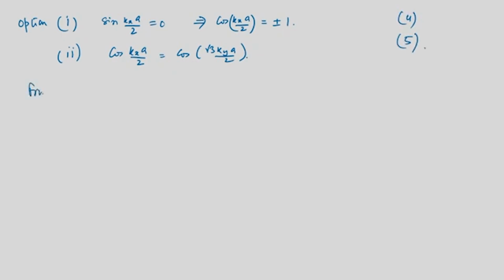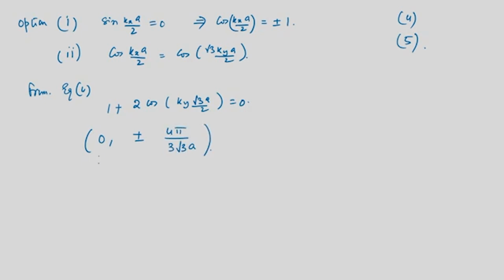So, let us write these as equation number 4 and equation number 5. From equation 4, we get a condition that 1 plus 2 cosine(k_y root 3 a) is equal to 0. Option 1 gives this, and this gives the position of the points, which are 0, plus minus 4 pi by 3 root 3 a.